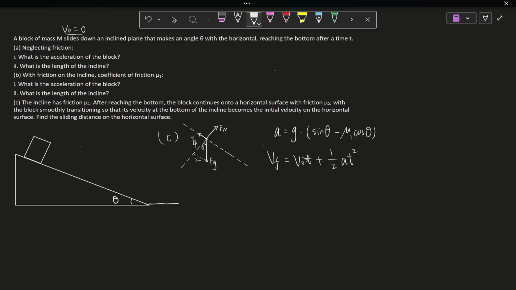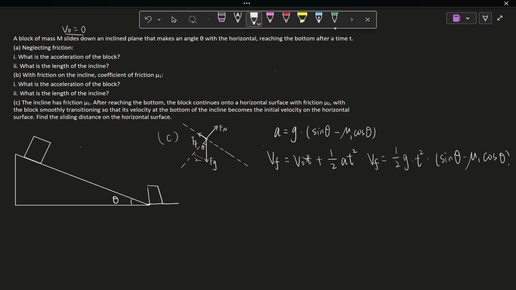So we can figure out Vf by plugging the acceleration into the function, so that Vf is equal to half times g times t squared times sine theta minus mu1 cosine theta. This is the final velocity. Then it smoothly transitions to the horizontal surface.